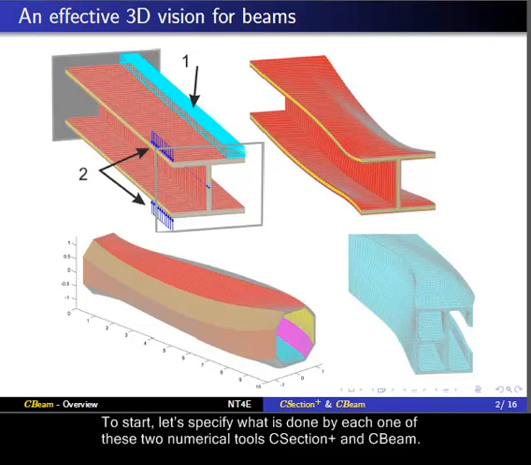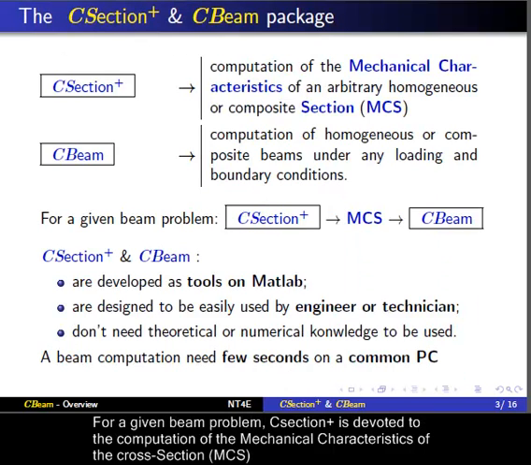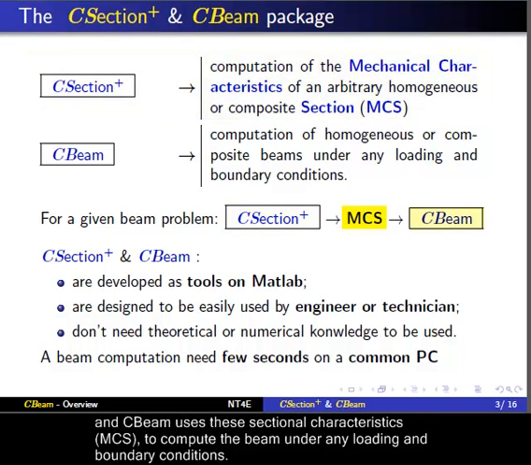To start, let's specify what is done by each one of these two numerical tools, CSection Plus and CBeam. For a given beam problem, CSection Plus is devoted to the computation of the mechanical characteristics of the cross-section, and then CBeam uses these sectional characteristics to compute the beam under any loading and boundary conditions.